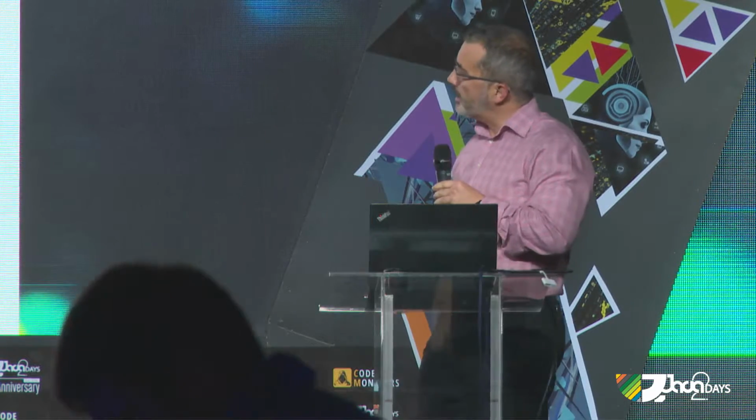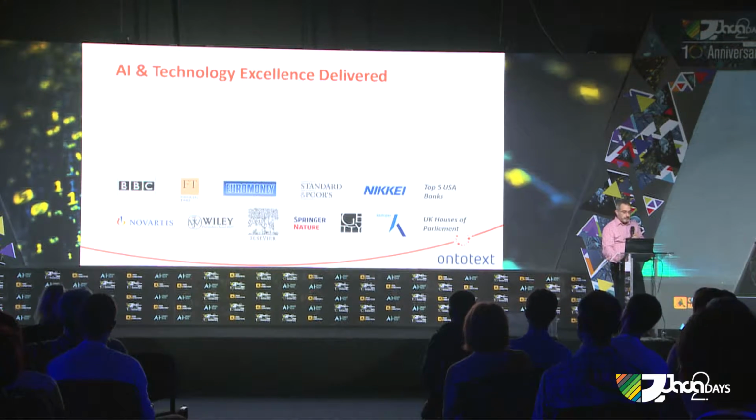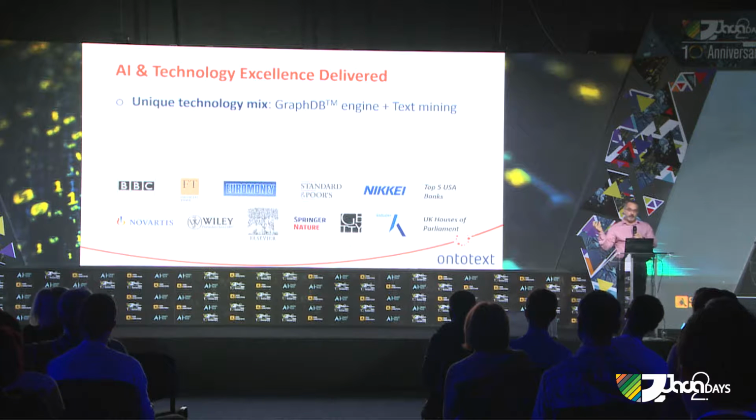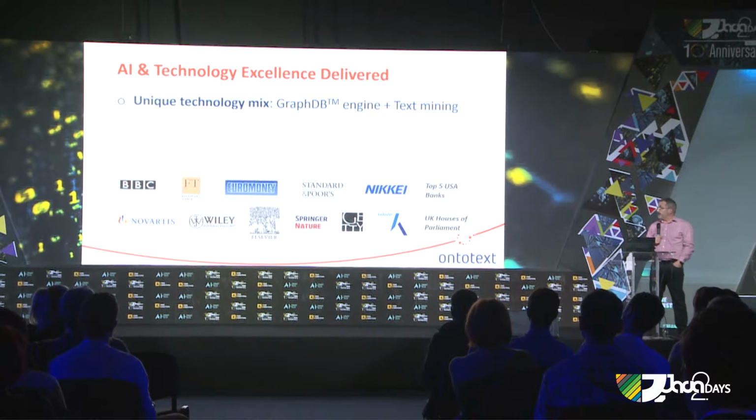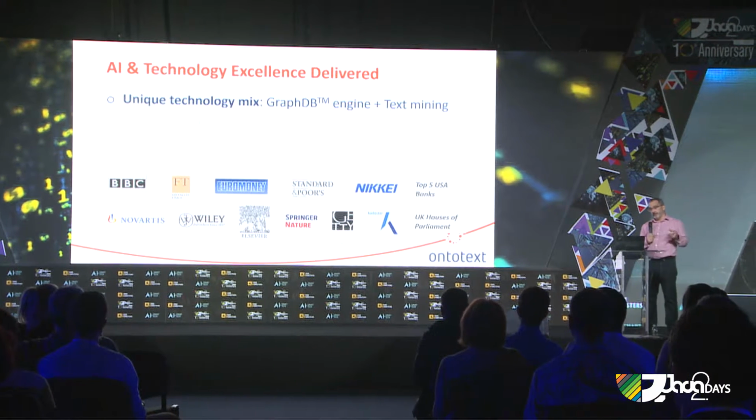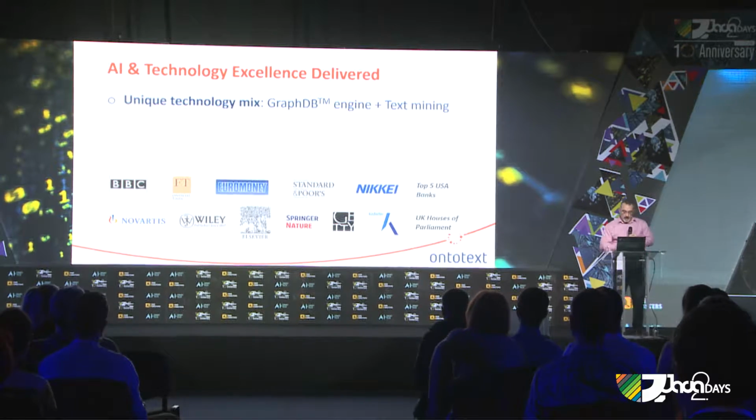So quick intro, I established OnToText in, that's our most popular product. Most of the people come to us and know us because we have a native database engine. Now we are in position to have together two types of technologies that you very rarely find together, which is a native database engine and text mining platform that works on top of it.